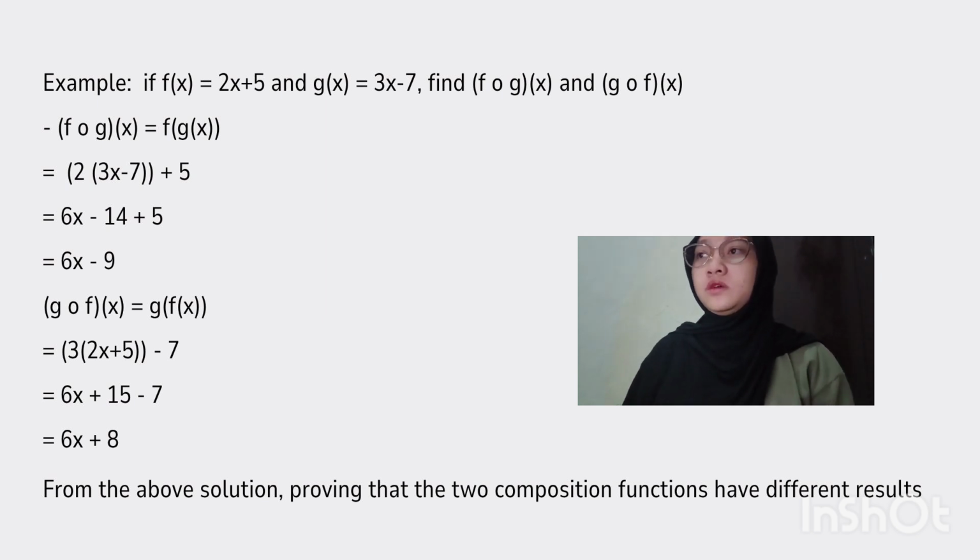First, f of g of x equals 2 times (3x minus 7) plus 5, equals 6x minus 14 plus 5, equals 6x minus 7. g of f of x equals 3 times (2x plus 5) minus 7, equals 6x plus 15 minus 7, equals 6x plus 8. From the above solution, we prove that the two composition functions have different results.